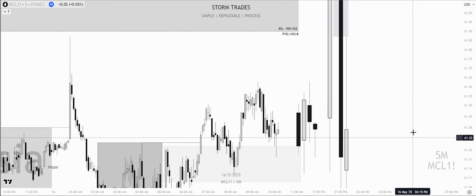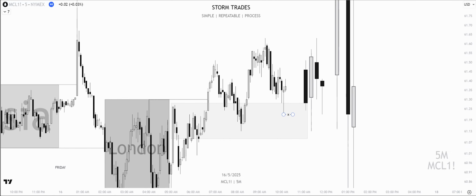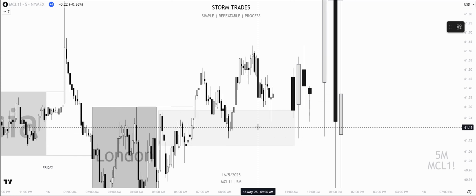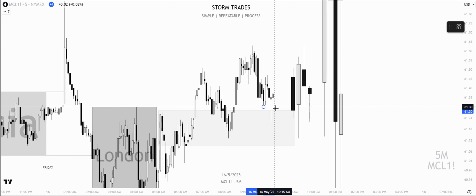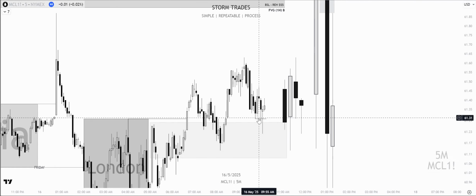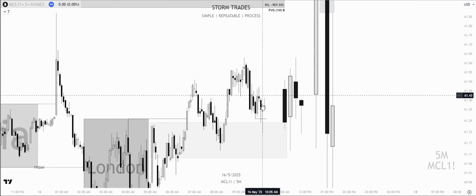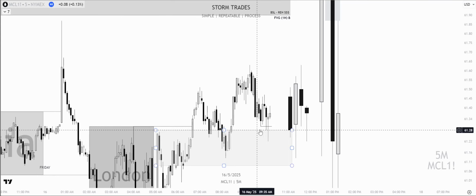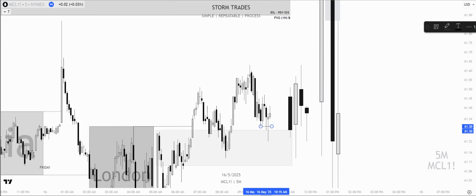Now, I will take a note here that at this point, I'd be watching price, right? So this is what I'm watching for. But if we don't get displacement through this series of down close candles, then we don't have anything yet. You don't just take a trade based upon a swing low. So that could have been a fake out right there.